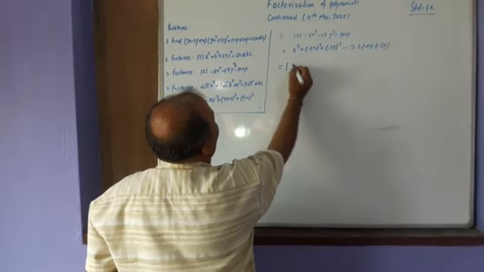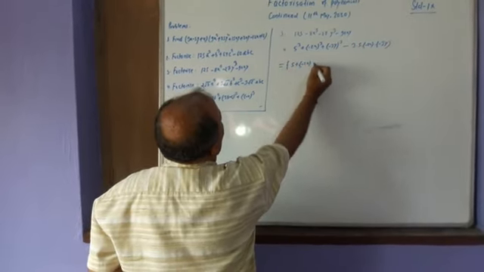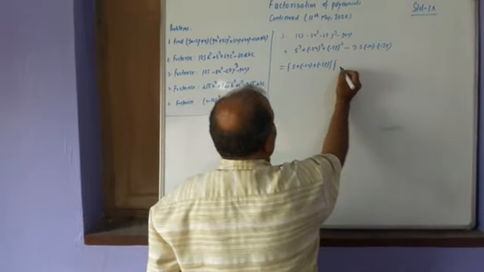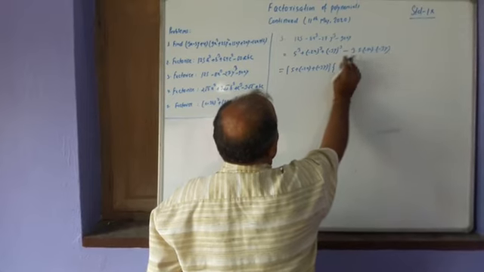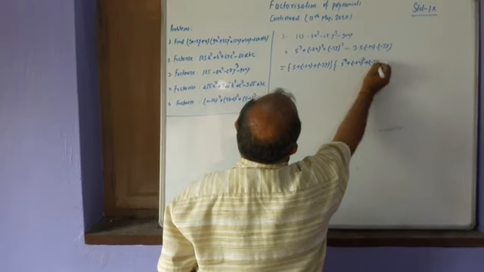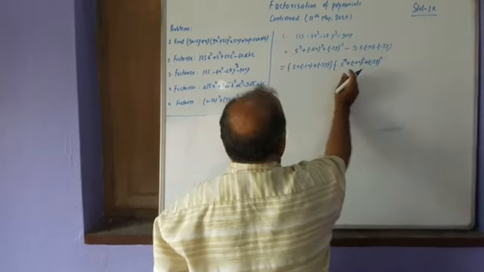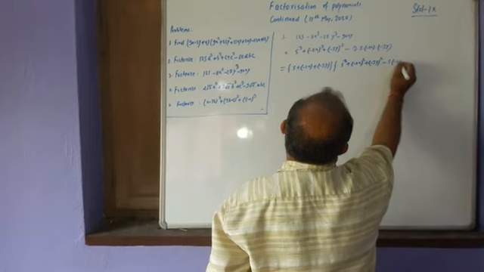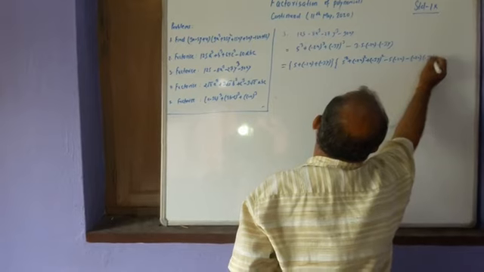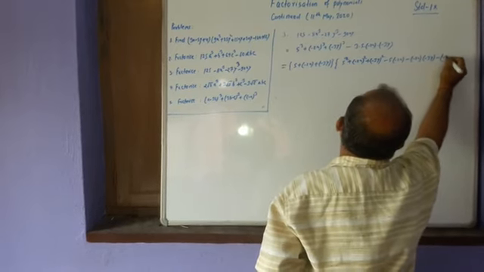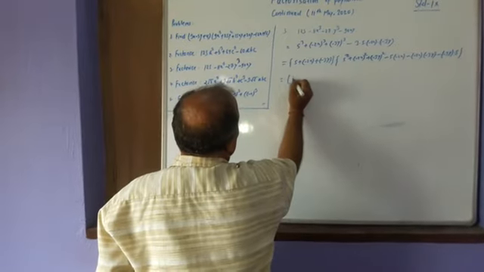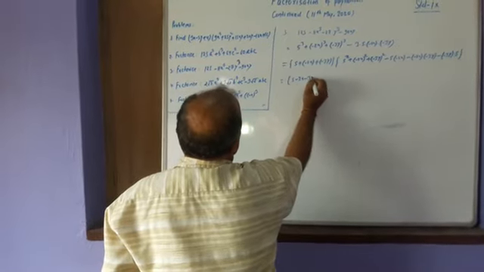It will give 5 plus minus 2x plus minus 3y into a square, that is 5 square, plus minus 2x square plus minus 3y square, minus ab, that is 5 into minus 2x, minus bc, that is minus 2x into minus 3y, minus ca, that is minus 3y into 5. This will give 5 minus 2x minus 3y.